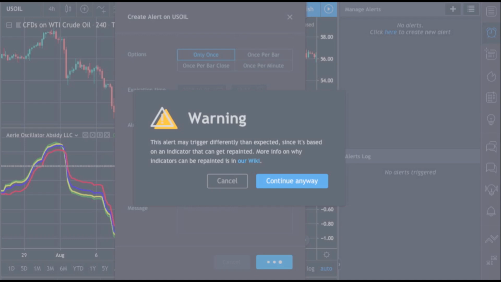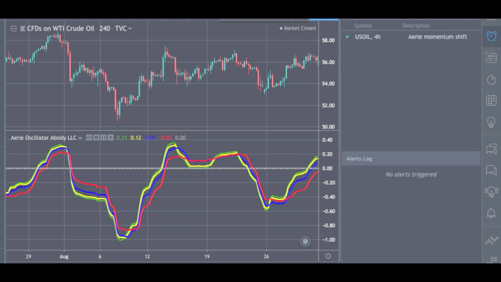When you have the wrong security code, the information that is given by this indicator is destroyed. That's why you're getting this repainting message. Just to be clear again, this indicator never repaints and it operates in real time with just a little bit of lag. So click Continue. Now you have an alert for when the momentum is shifting on the 4-hour charts of oil.